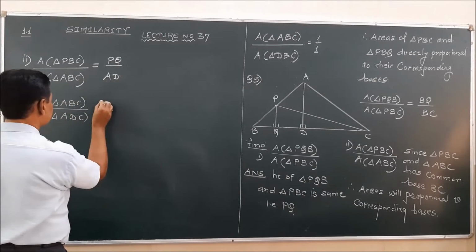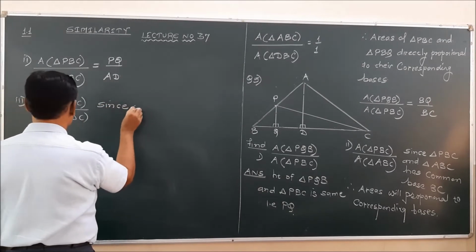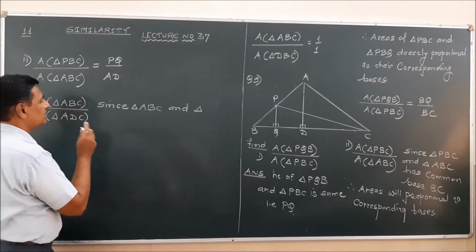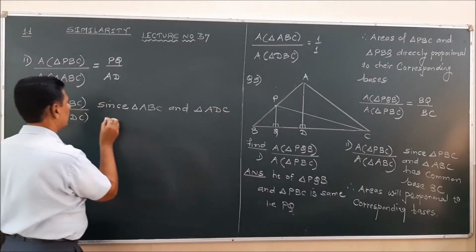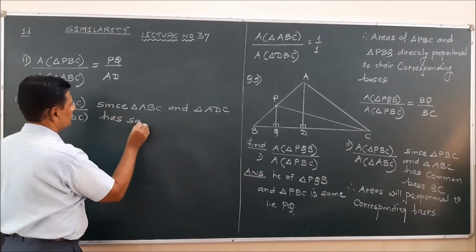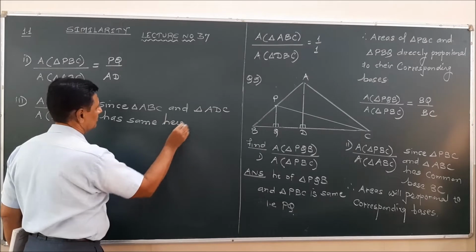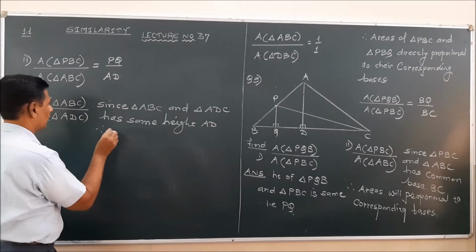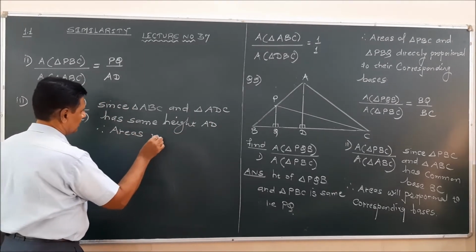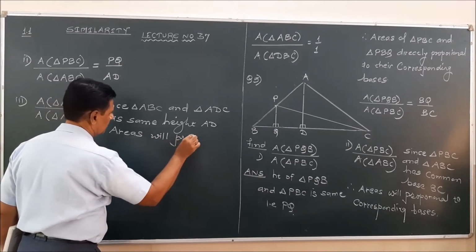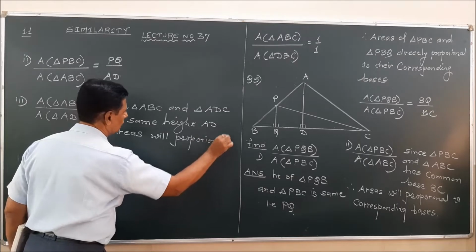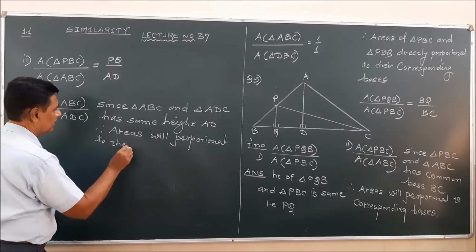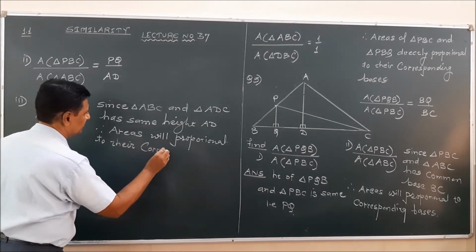So since triangle ABC and triangle ADC have the same height, and the same height is AD, therefore areas will be proportional to their corresponding bases.